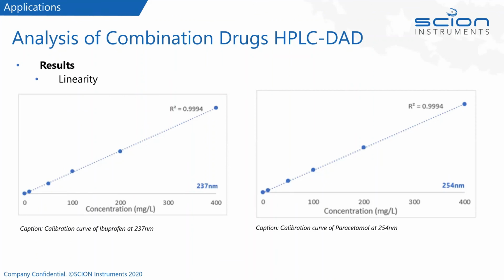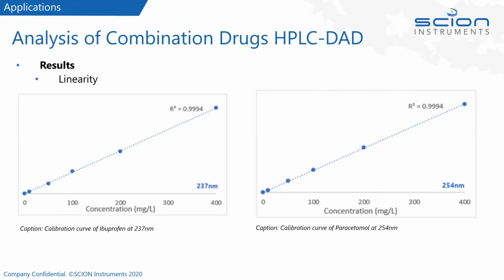So the analysis of combination drugs, these are the linearity results. We have ibuprofen on the left-hand side, which is 237 nanometers, and also paracetamol on the right, which is 254.